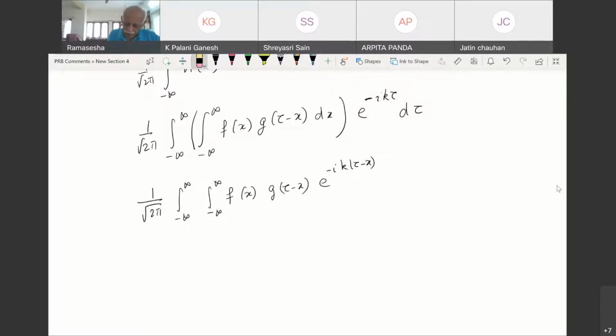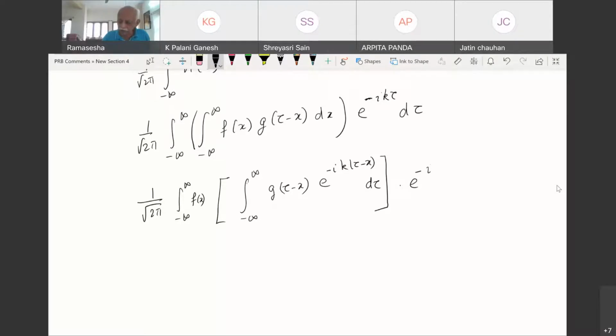Okay, let me take out f of x outside. f of x, and I have the integral from minus infinity of g of tau minus x e to the minus i k tau minus x, and then this one is d tau, into e to the minus i k x dx.